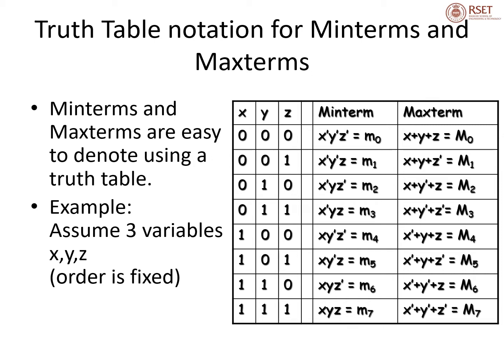Similarly, all other terms, for example, the min term 1, 0, 0 will be x, y complement, z complement equals m4. Whereas, the corresponding max term will be x complement plus y plus z equals capital M4.